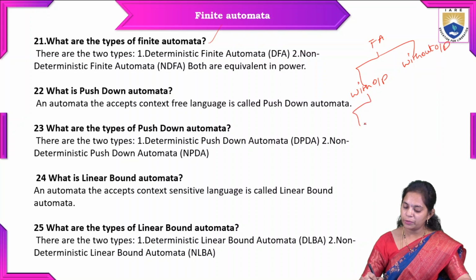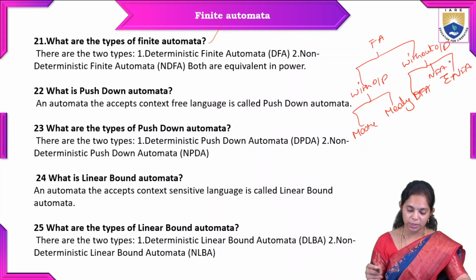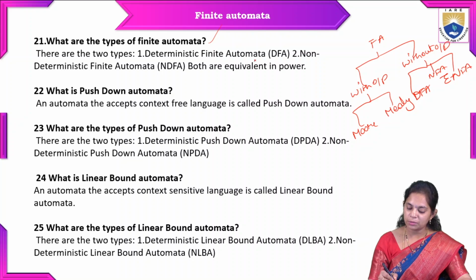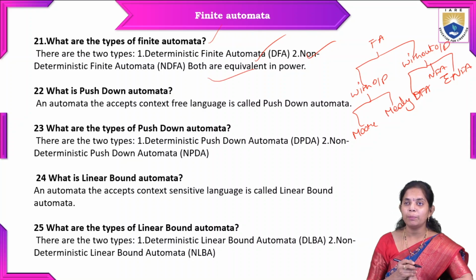With output we have two machines, the Moore machine and the Mealy machine. And without output we have three types, DFA, NFA and epsilon NFA. So totally we have five types of finite automata, and in this, deterministic finite automata and non-deterministic finite automata are both equivalent in power.